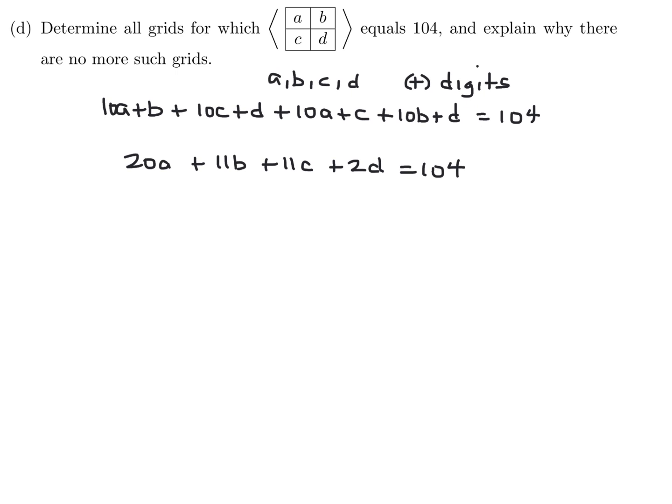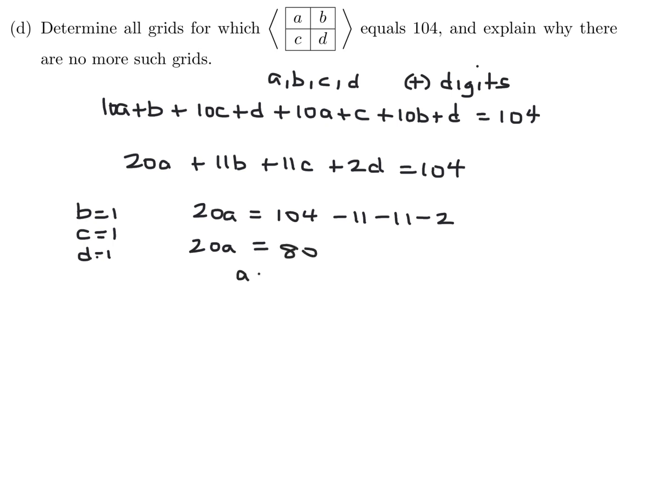So if they were at least one, let's just say B is equal to 1, C is equal to 1, D is equal to 1. That would mean that 20A would be 104 minus 11 minus 11 minus 2, right? So that's 22, 24, so 20A would be 80.